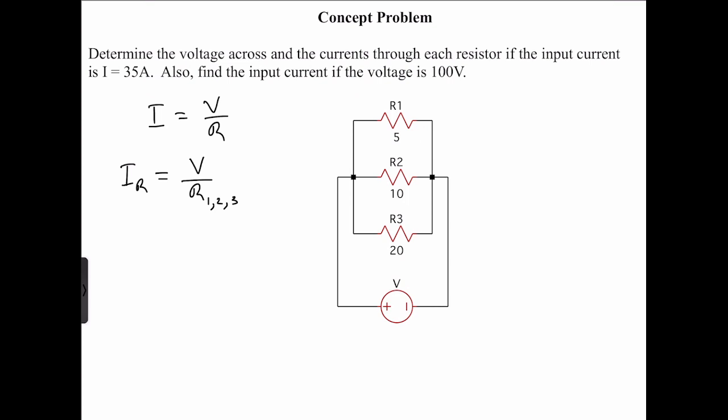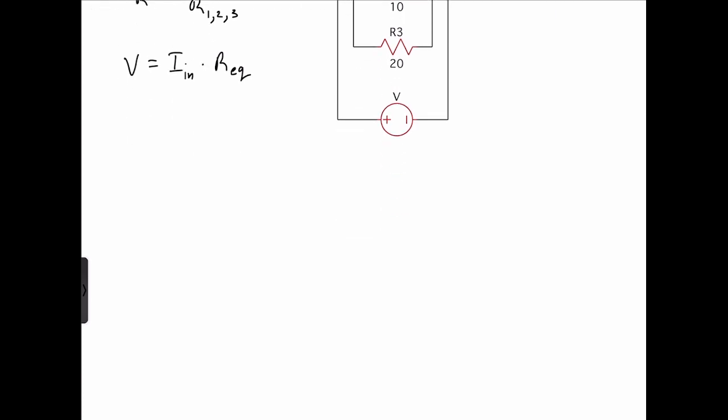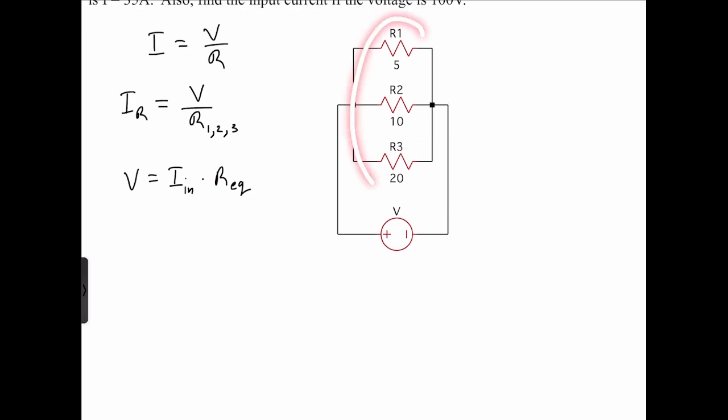We know that V in this case is equal to the input current times the total resistance seen by the voltage source. So we can find the total resistance, which we're going to call R equivalent, and we have three resistors in parallel.